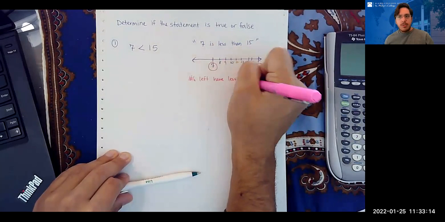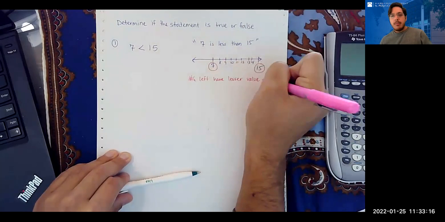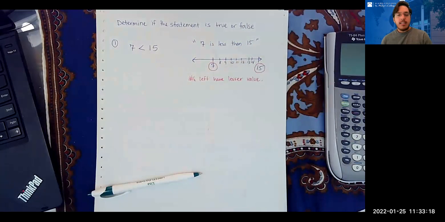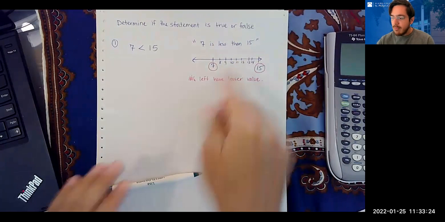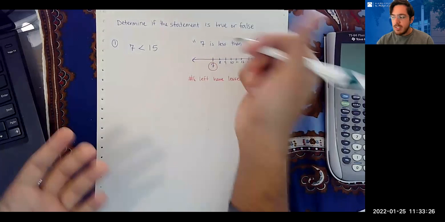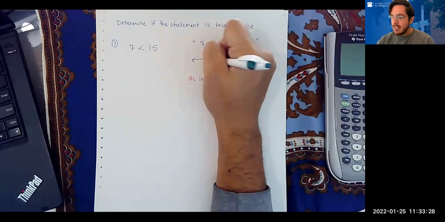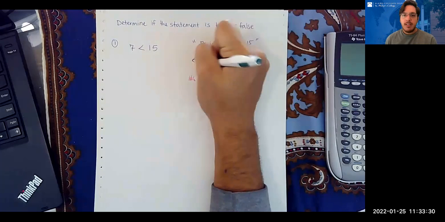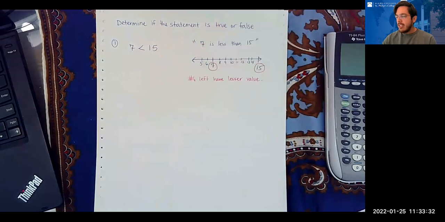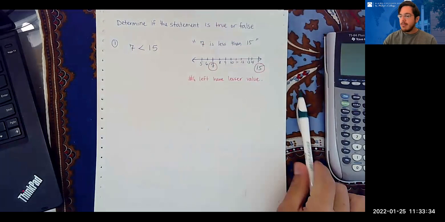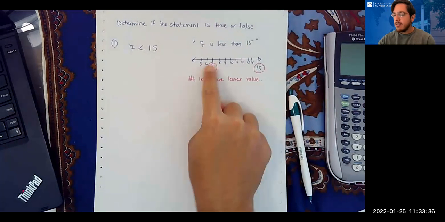We should sort of intuitively know that. But if we're not intuitively aware, when we move to the left on the number line, we get smaller numbers. Like if I were to count down from 7, I would be at 6, which is smaller, 5, smaller still, and so on and so forth. Okay, so comparing them on the number line, the one on the left is smaller. So this is a true statement.